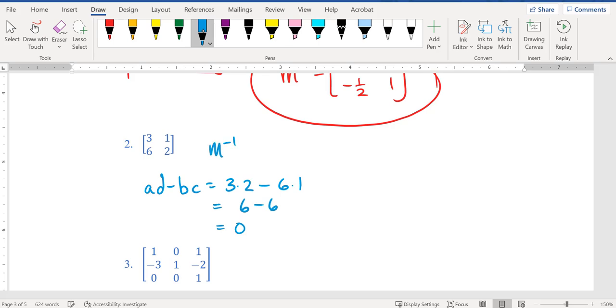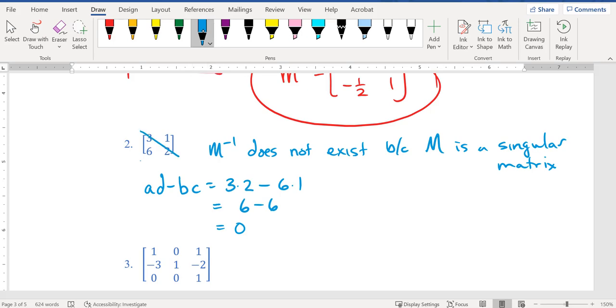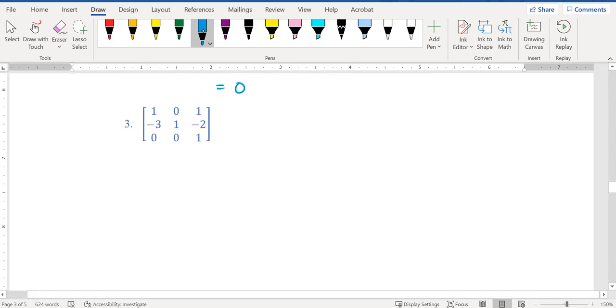M inverse does not exist because M is a singular matrix. You have to divide all of those by AD minus BC, this product minus that product, and you can't divide by 0. So that matrix does not have an inverse.